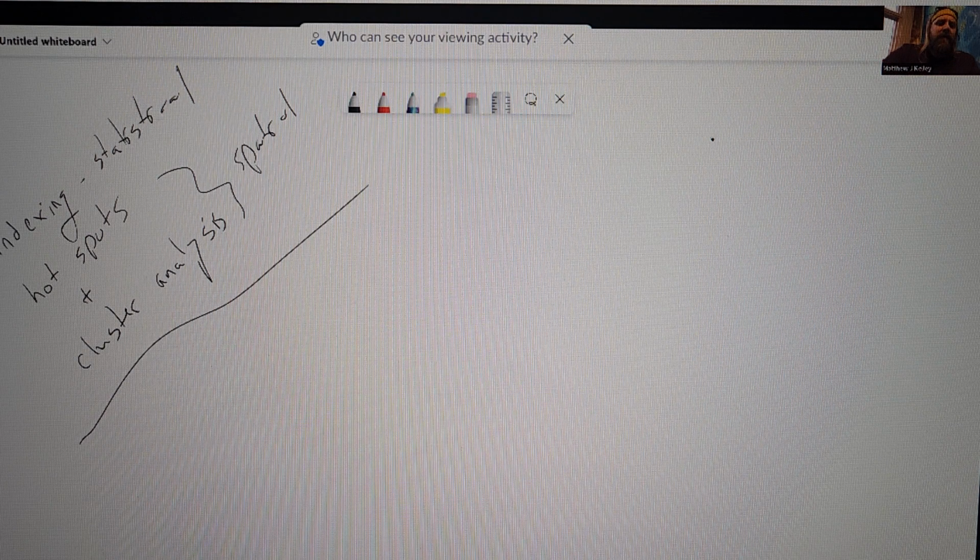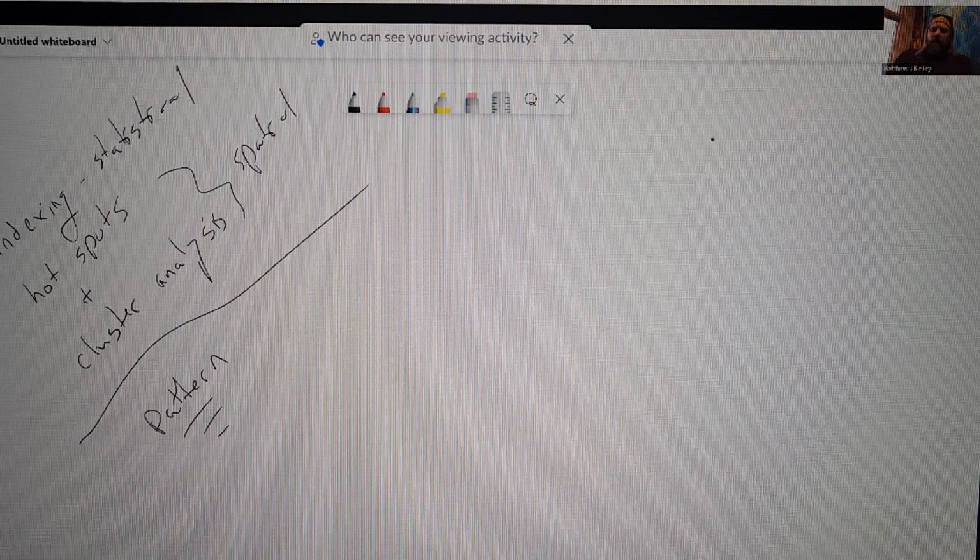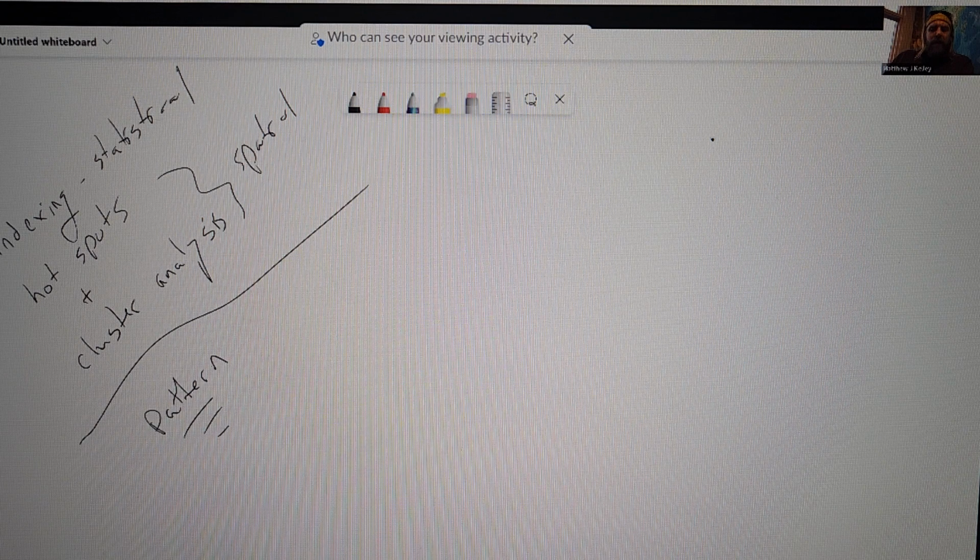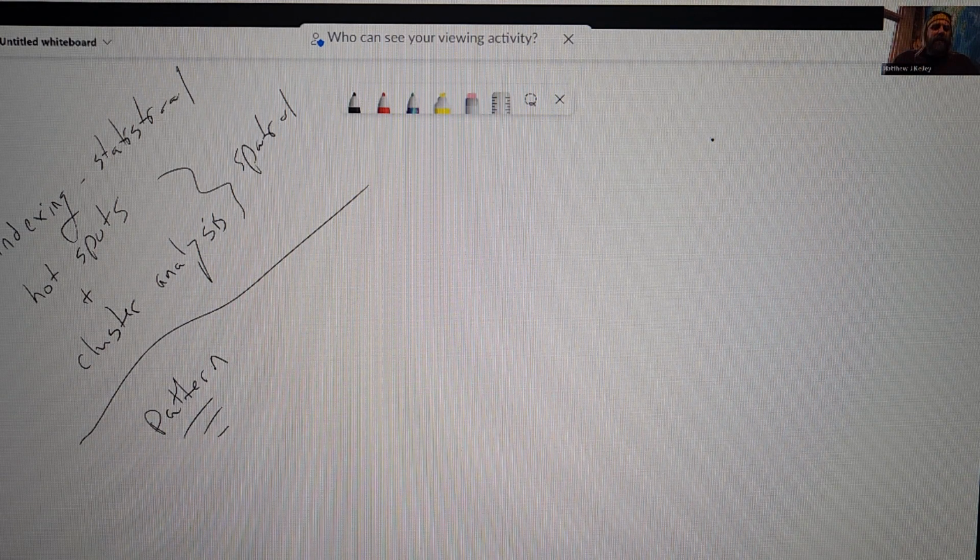All of this stuff is intended to be used in the pursuit of pattern recognition. We are looking for patterns in the landscape, predictable patterns in the landscape, or at least statistically significant patterns in the landscape that we can use to make decisions.